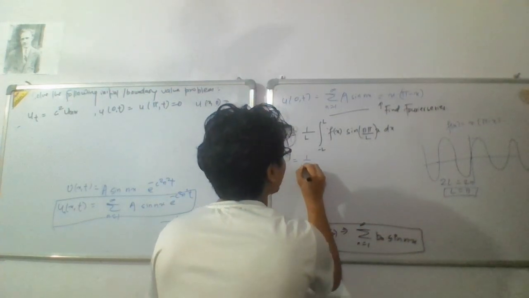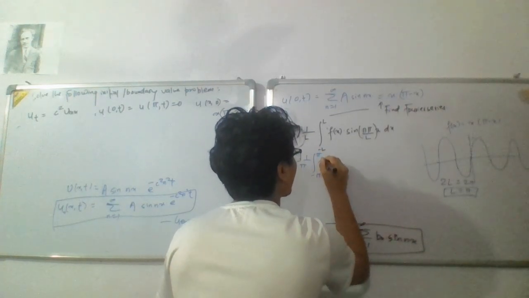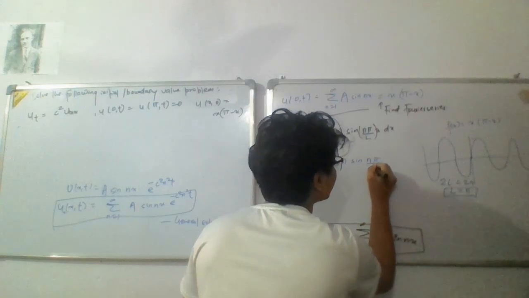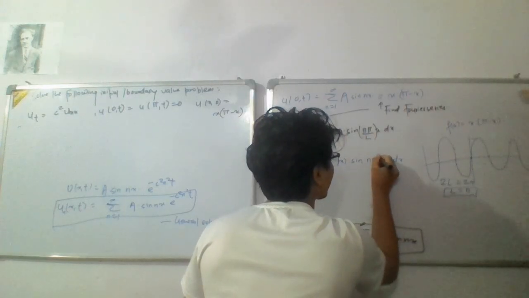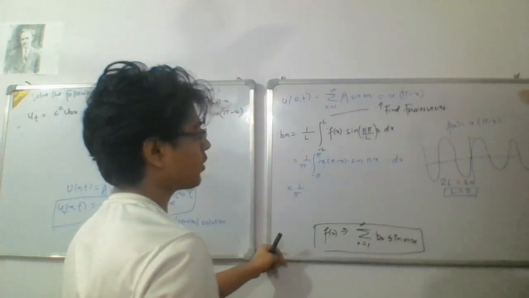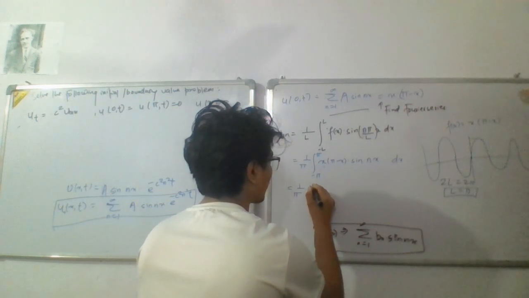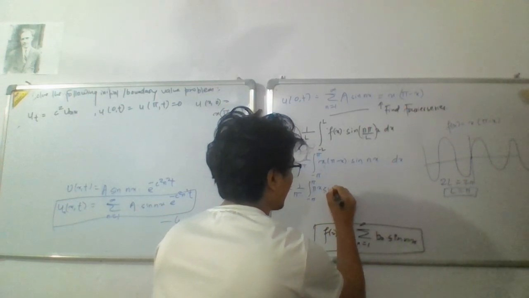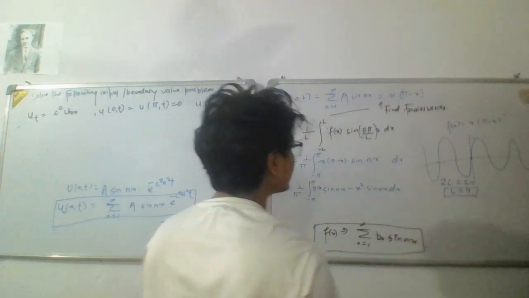So we get 1 by pi integral from minus pi to pi, where f of x is x(pi minus x), times sine of n pi by pi x dx. These pi and pi cancel, so we get sine nx. After this, we can write 1 by pi integration from minus pi to pi of x pi x sine of nx minus x squared sine of nx dx, right?